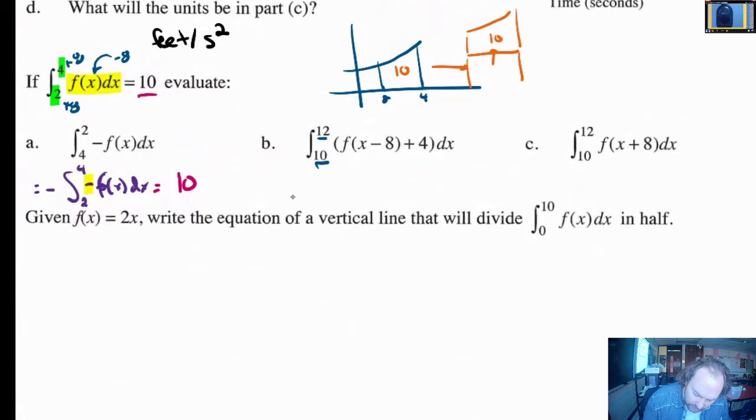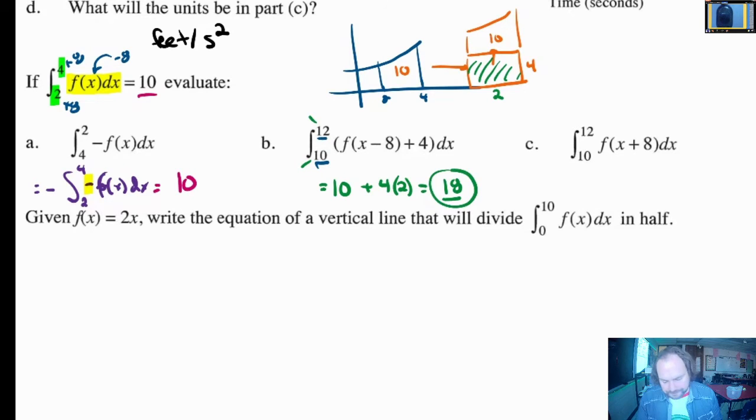We've also got a little chunk under it, which has been shifted up 4 spaces. And that little chunk still has a width of 2 because the bounds are still 2 apart from each other. So we're going to take that original 10 and add 4 times 2 to it because that would be the area of this rectangle here. And that will be 18 for the final answer there.